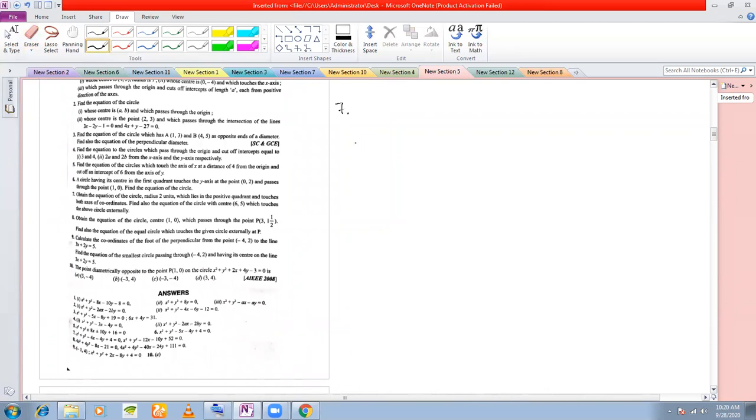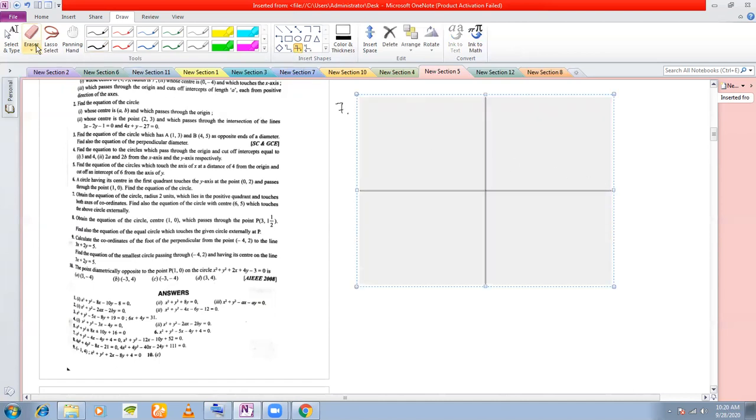Obtain the equation of a circle, radius 2 units, which lies in the positive quadrant and touches both the axes. Find also the equation of the circle with center (6, 5), which touches the circle above externally. Now, what does the circle look like?